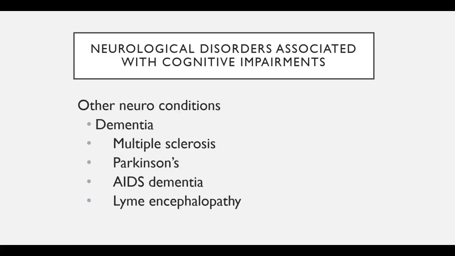Other neurological conditions are listed here as well. Again, you may be familiar with MS or Parkinson's as a motor disorder, but they can also be associated with different types of dementia, as well as AIDS and Lyme encephalopathy, which can also result in cognitive impairments.